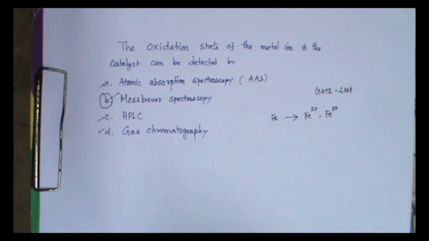Fe2+ and Fe3+ will have different isomer shift. The Mössbauer shift for Fe2+ and Fe3+ will be different. If you have the reference value, then you can compare and identify which species is present in the reaction mixture.